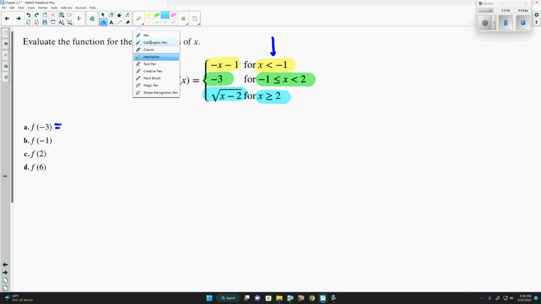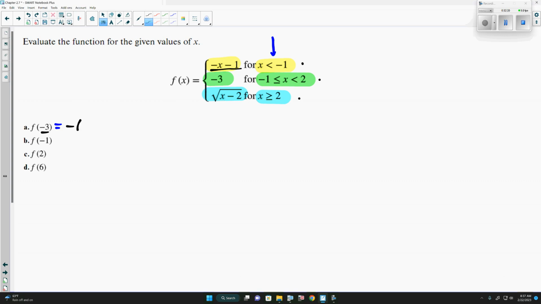Now, if we look at the first one here, we have f of negative 3. So is negative 3 less than negative 1, between negative 1 and 2, or greater than or equal to 2? Well, it is less than negative 1, so we use the function negative x minus 1.